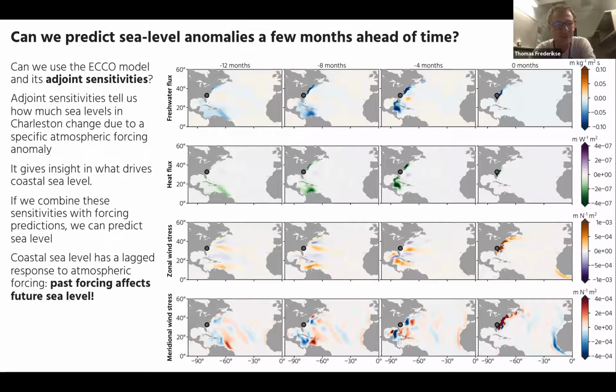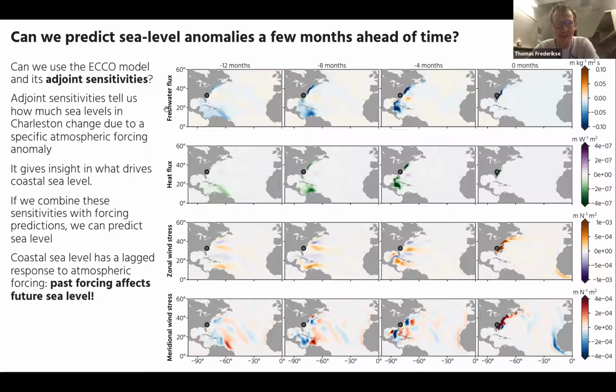That's a very fancy term for this: if you see an ocean model as a whole set of differential equations with initial conditions and boundary conditions, we compute the sensitivity of any output of the ocean model to one of the initial or boundary conditions, and that gives what's called adjoint sensitivity maps. So how does that work in practice? That's what you can see here.